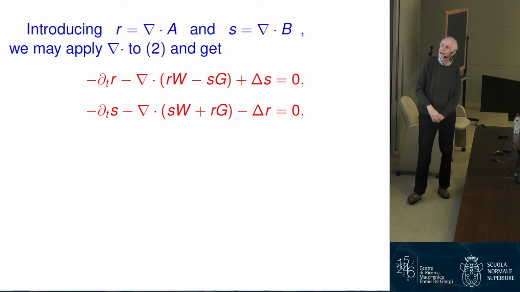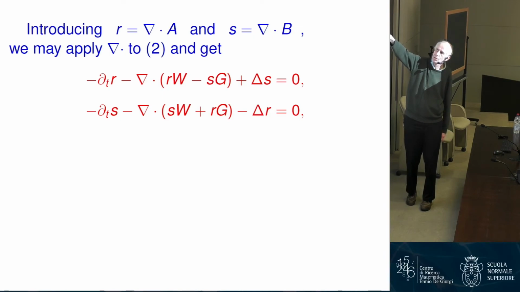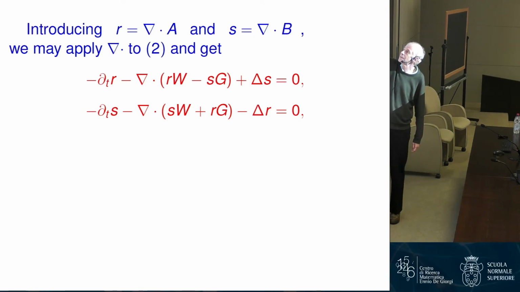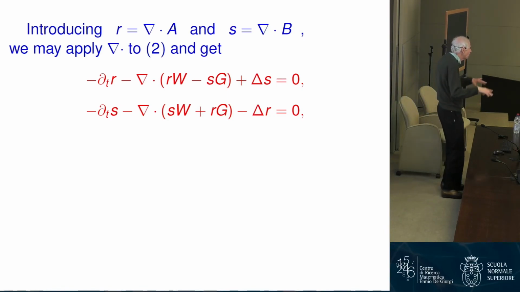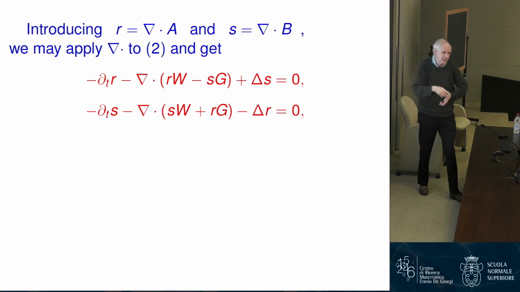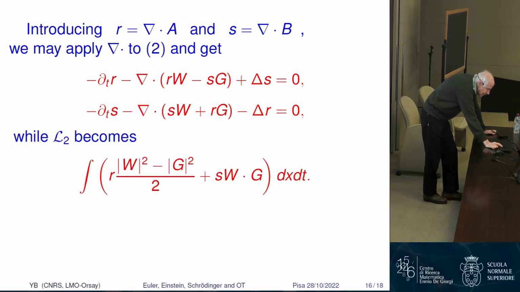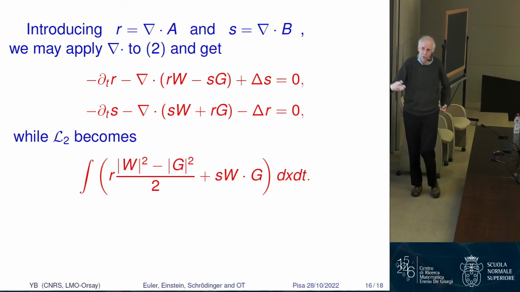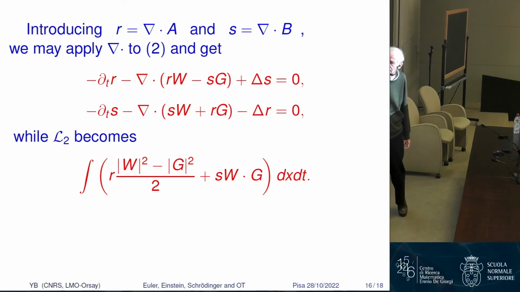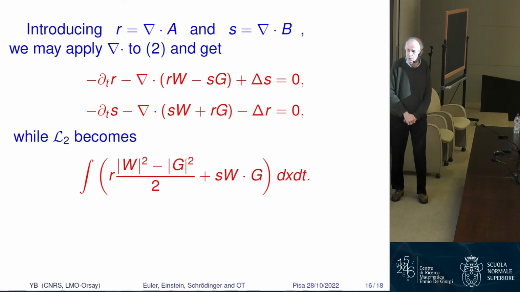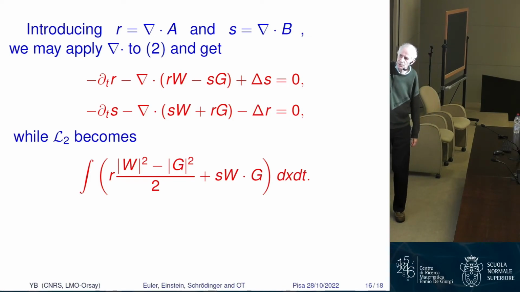So you see that it looks like a generalization of the continuity equation, because if S was 0, for instance, the first equation would be just the continuity equation for some kind of artificial density field rho advected by W. But here it's more complicated, because there is a coupling between all these quantities, and the updated Lagrangian now looks very much like optimal transport style, especially if S and G are 0.